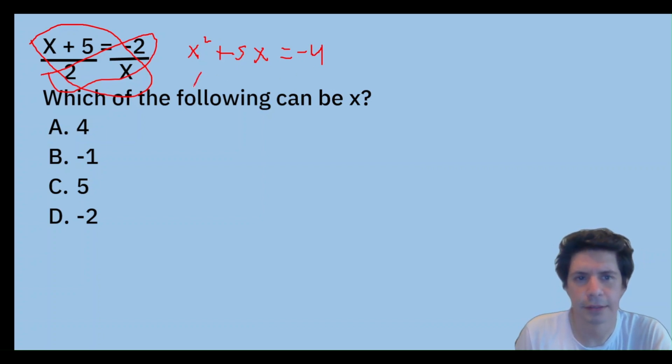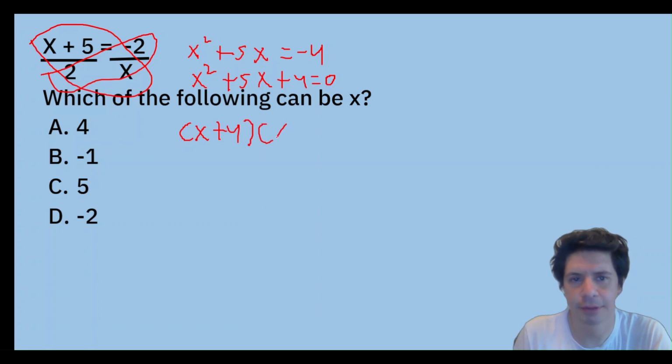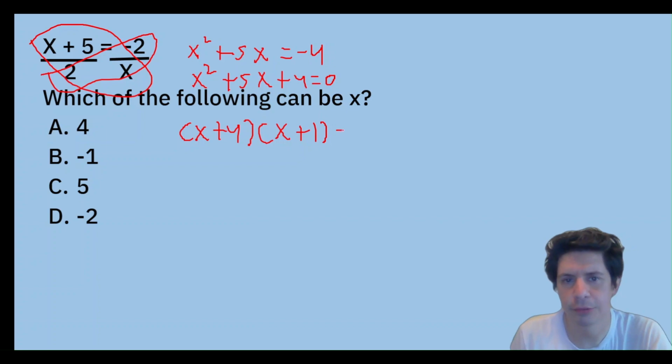And that's going to give us x squared plus 5x plus 4 equals 0. And then we can factor that, right, to (x plus 4), because it multiplies to 4, adds to 5, (x plus 1). Just like that, equals 0.